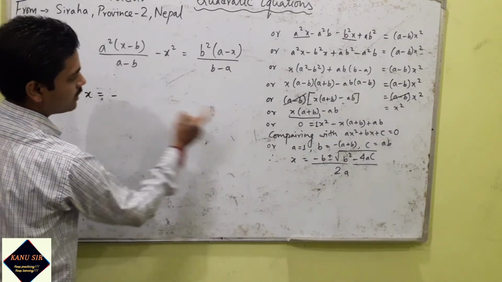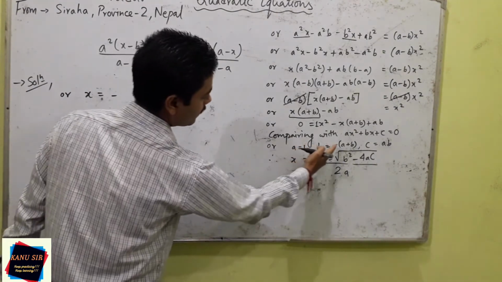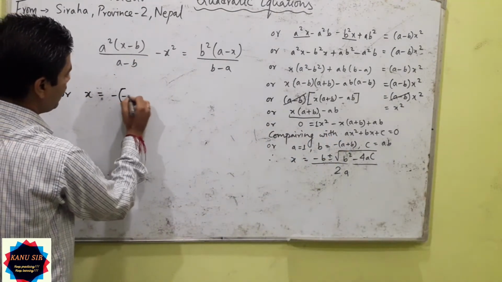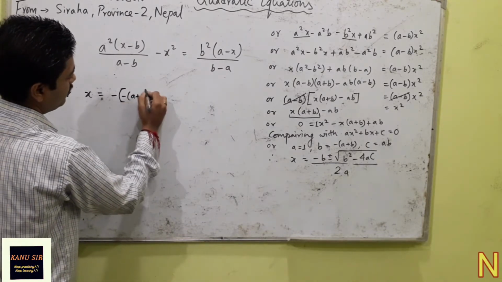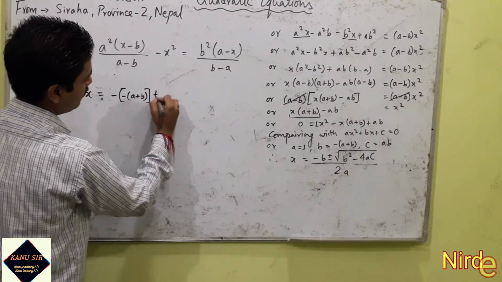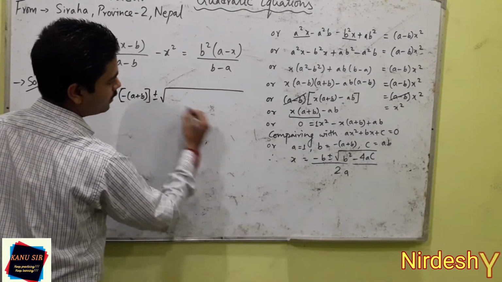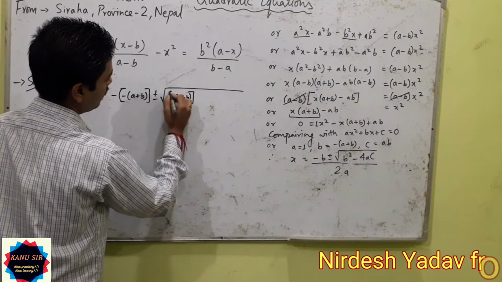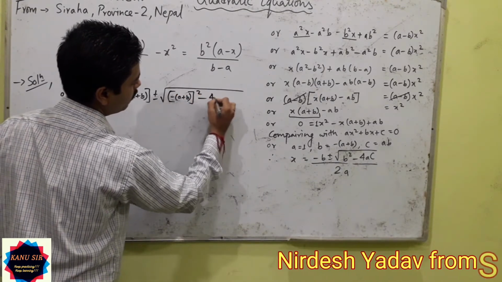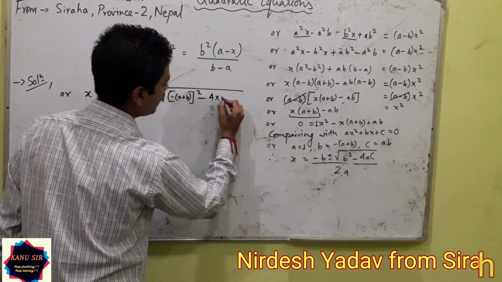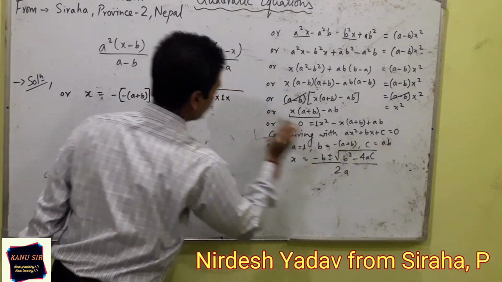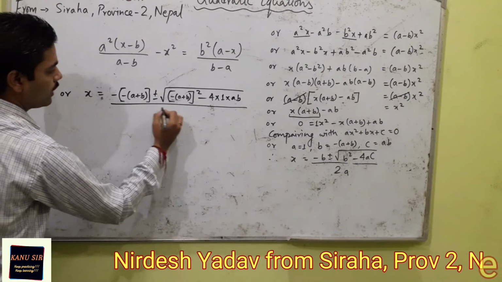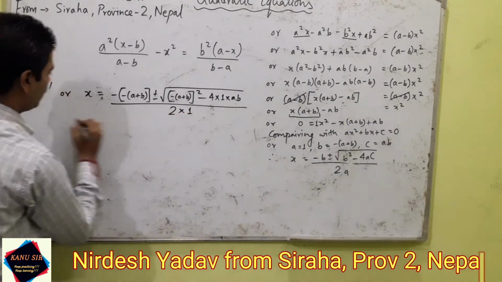So minus b, b is minus (a plus b), and there is already a minus, so we will write one bracket again, minus (a plus b) plus minus root of b square, you will write (minus (a plus b)) whole square minus 4, and in the place of a there is 1, and in the place of c there is ab, upon 2a, in the place of a there is 1.